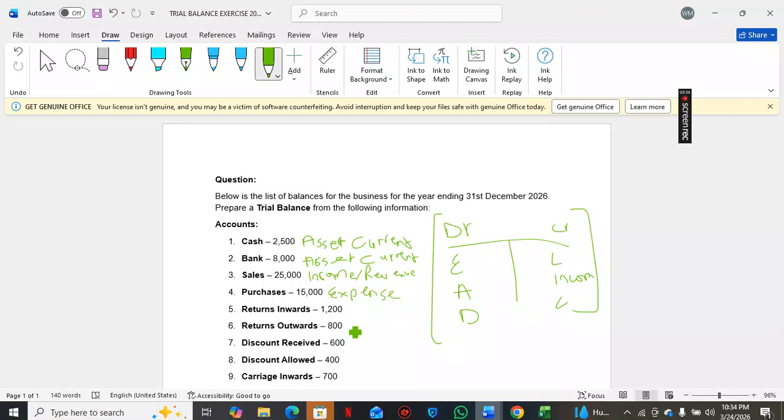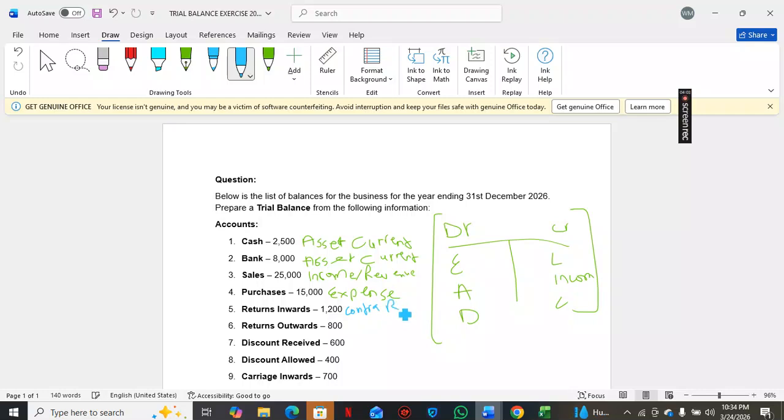Return inwards. Return inward is a contra revenue, contra income account. That's correct, madam. Contra revenue, meaning it reduces revenue.